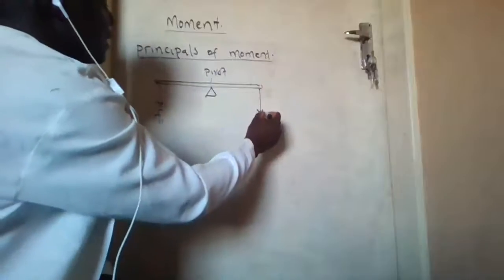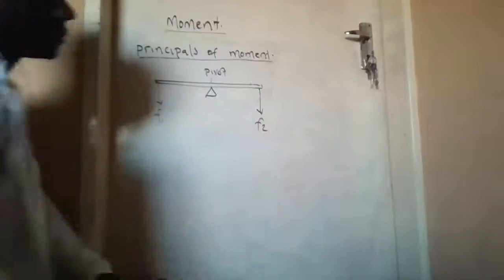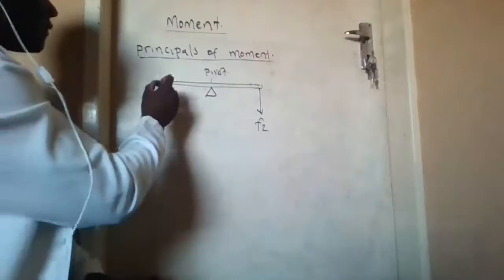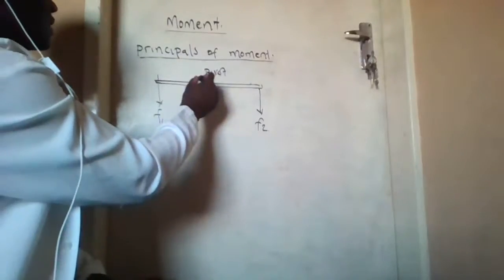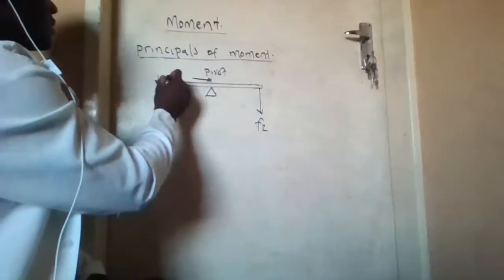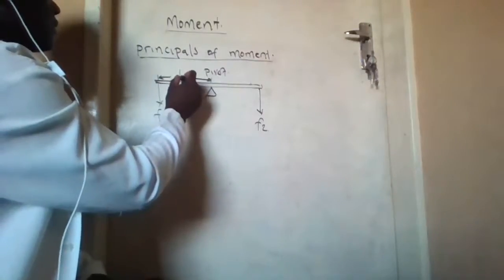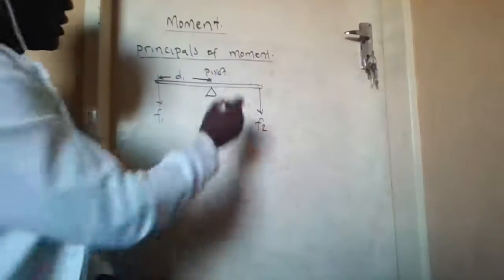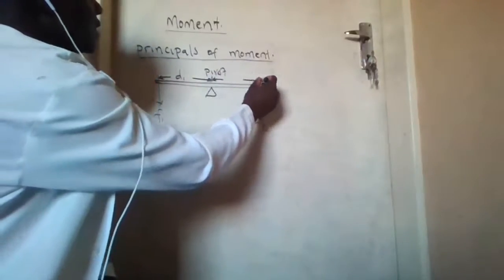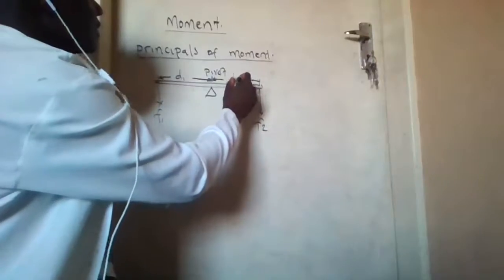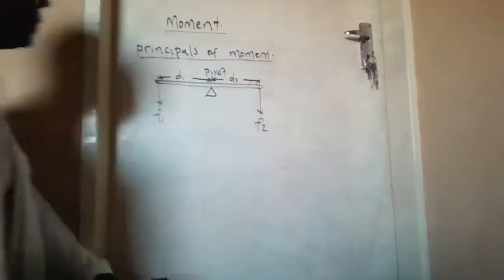Then on the right, we have force 2. From this point up to the pivot, we have a distance called distance 1. Then from the pivot up to that end, we have what is called distance 2.